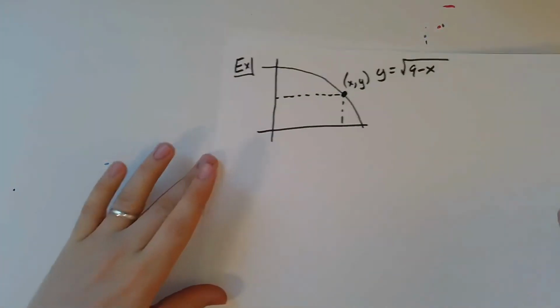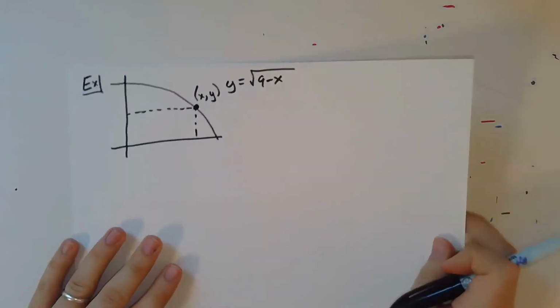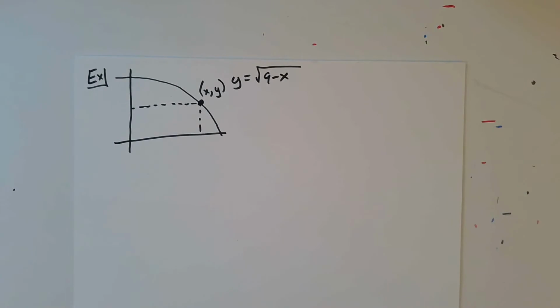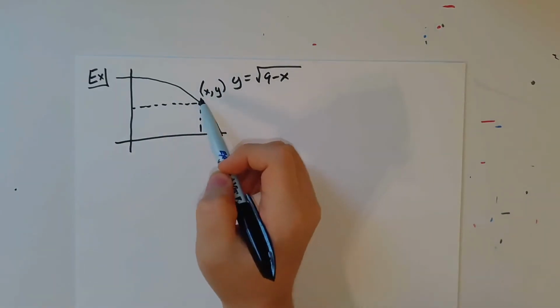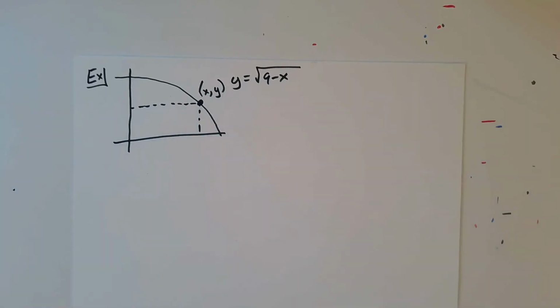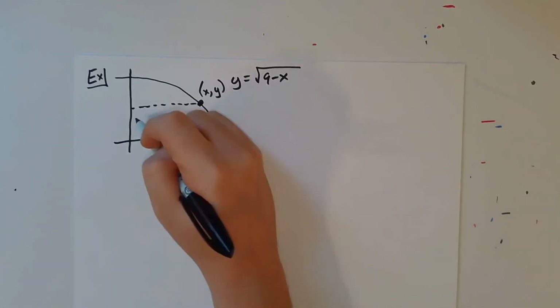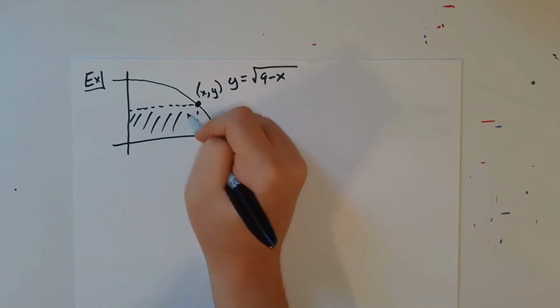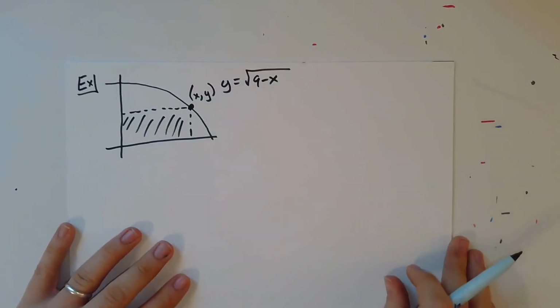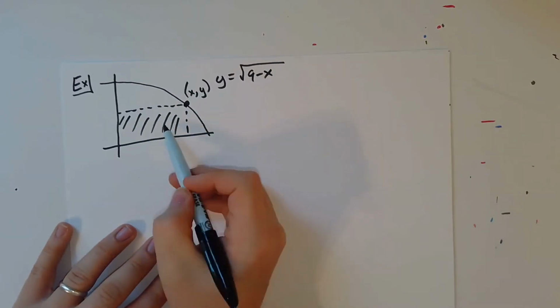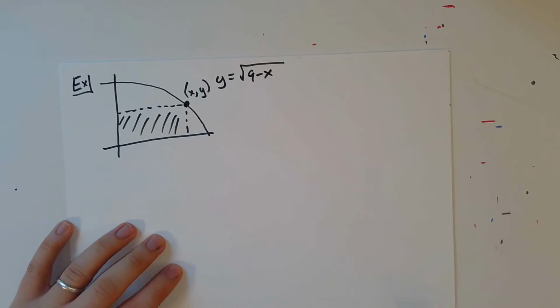Here's a different question. But this question is also about the graph of y equals the square root of 9 minus x. But now, instead of talking about making the distance between that point as short as possible, I'm going to now make this rectangle here under the point xy. And I'm going to ask, what's the largest area this rectangle could have?